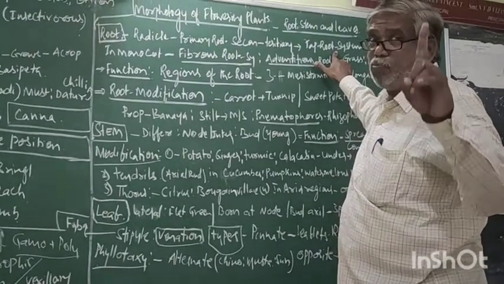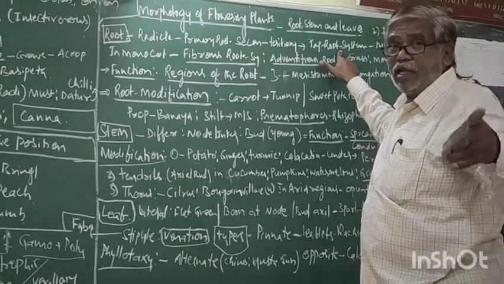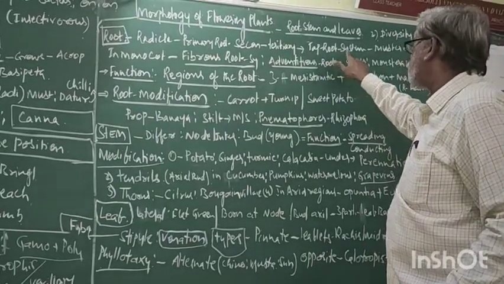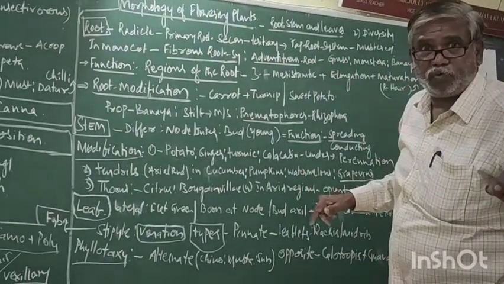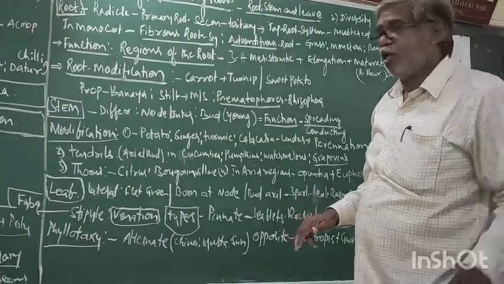The radicle plays an important role in the taproot system. It is the character of all dicotyledons. Now come to monocots.